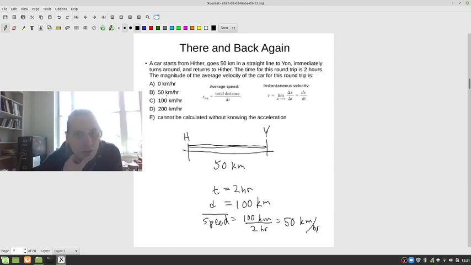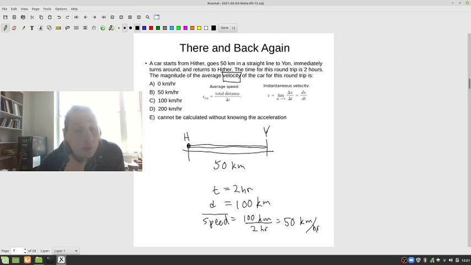Okay, that's one of my options. Is that the right answer? No. The thing to realize is that they have asked you for the average velocity. Average velocity is total displacement over total time. What's the total displacement if you start out at hither and end up at hither?